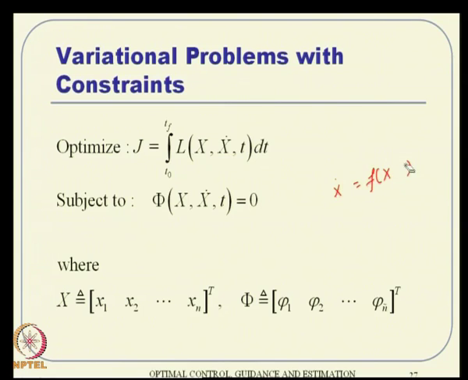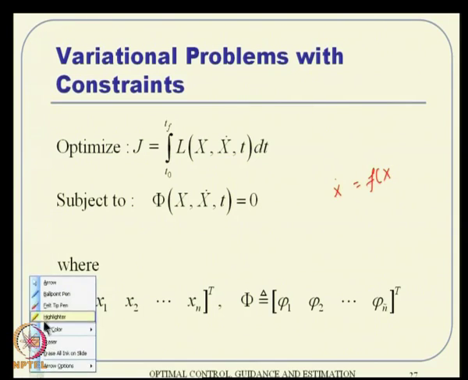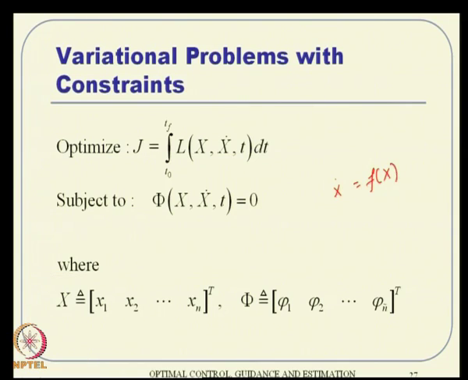Let us say u we are not talking about right now, so let us not talk about that. So, we talk like this. Then I can consider that as x dot minus f of x equal to 0. So, this is nothing but my phi. This is phi of x and x dot.